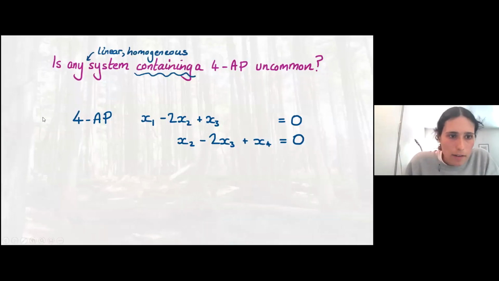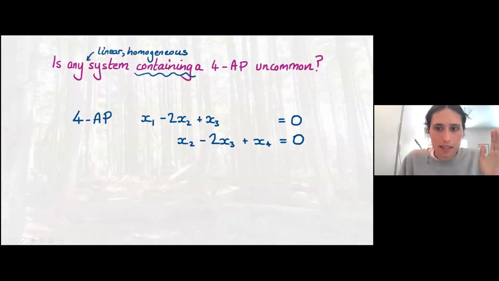Let me just clarify what I mean for a system to contain a 4AP. So we've got a 4AP, it looks like this. So you can say, okay, it contains a 4AP. One way of thinking about it is we add some other equations to it. So we've got these two 4AP equations and we add some other equations, and that's a system containing a 4AP.